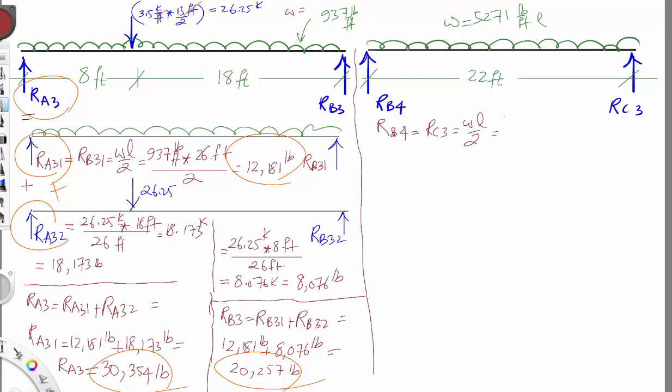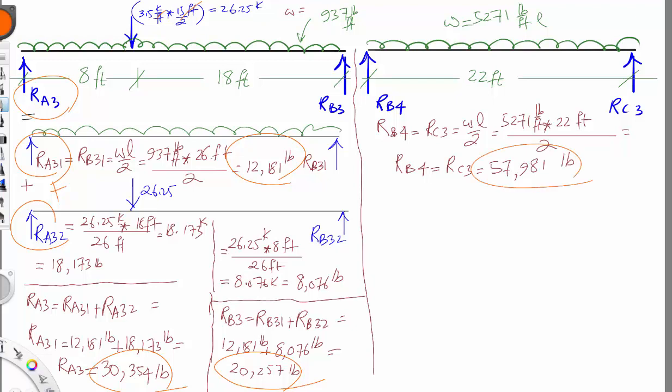So omega is 5,271 pounds per foot multiplied by 22 feet and divided by 2. So RB4 is equal to RC3, which is 57,981 pounds. So that is the axial load on column C.